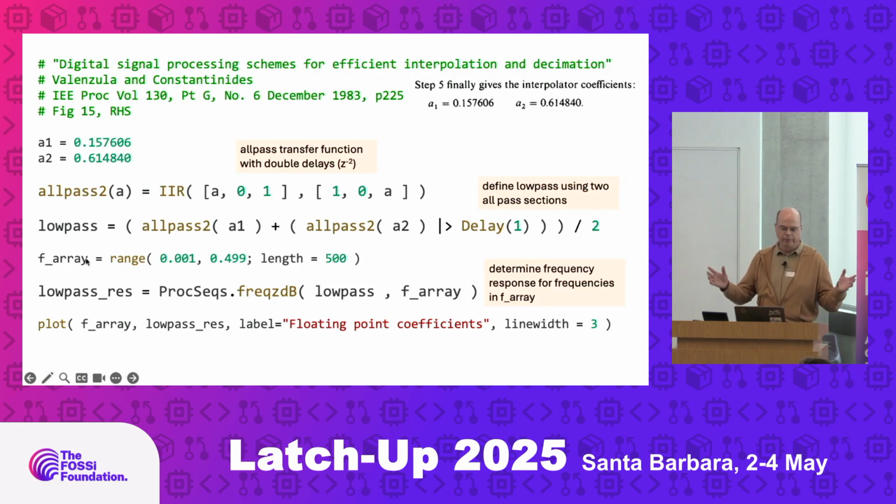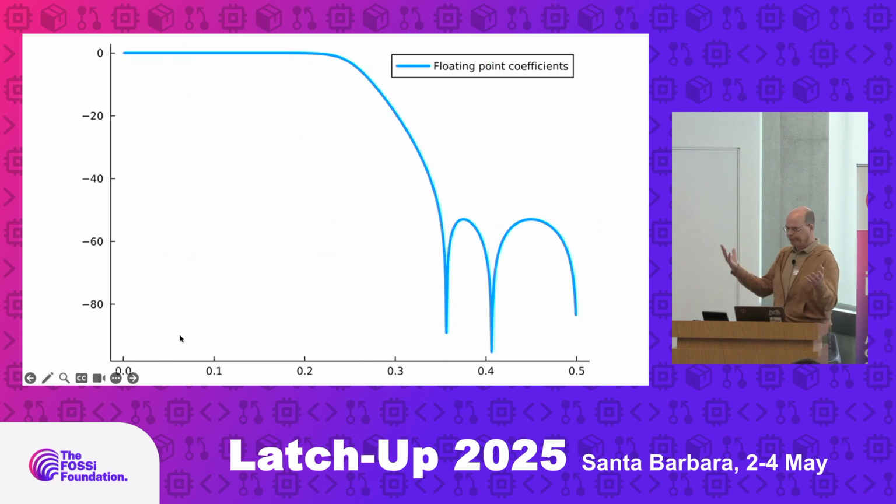I define a bunch of points to measure the frequency over, and then the function freq_z dB calculates the frequency response at each of the points in the frequency array of that low pass. So that's effectively 3 lines to get the frequency response. Then we plot it, and we get the low pass filter transfer function. So that's pretty cool.